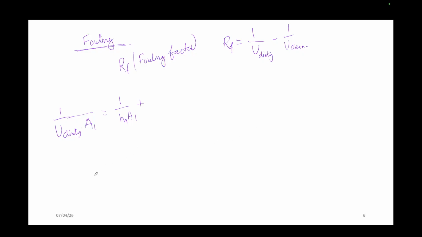But the thing is that in this tube, this is the material, there is a certain insulating layer formed. Also there is an insulating layer formed on the other side. So that insulation term can be counted. So what would it be? It would be RF1 inside by area.